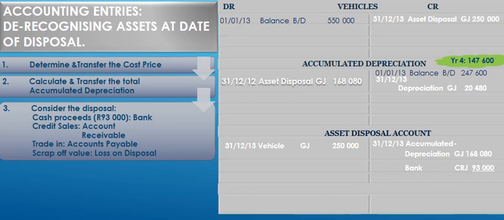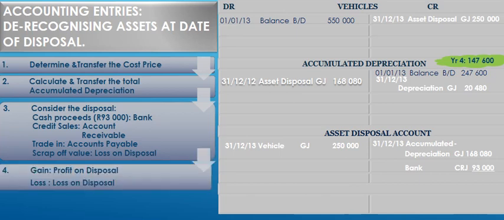If it was a trade-in transaction for a new vehicle, the asset disposal on the credit side will be reflected as accounts payable, posted from the general journal. If the asset was scrapped, on the credit side of the asset disposal, the entry will be shown as a loss on disposal.